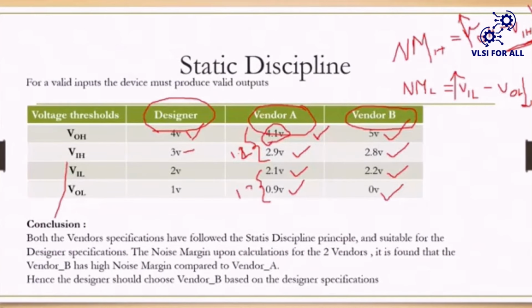Similarly, what is the noise margin here? It is 1.9. Okay, again 1.2 volts. Similarly, here you see, team, here 3.8, 4.8, so 2.2.